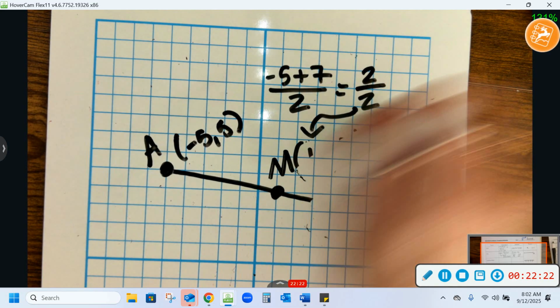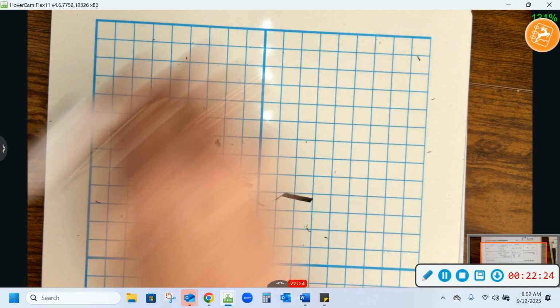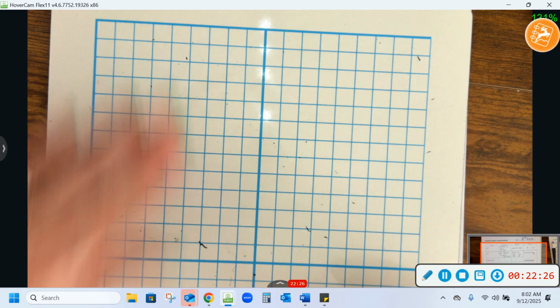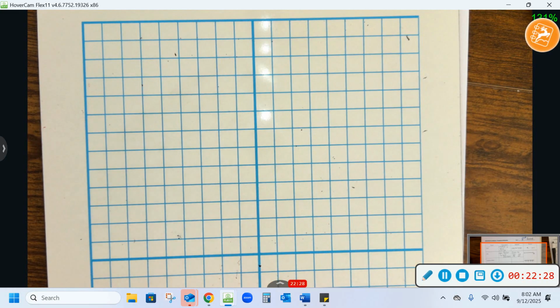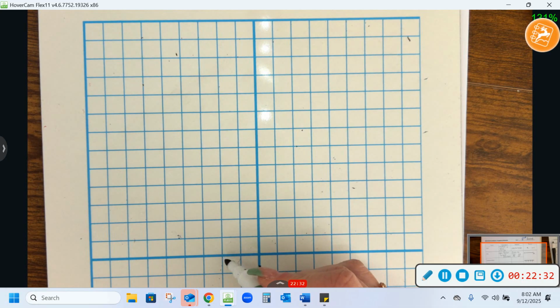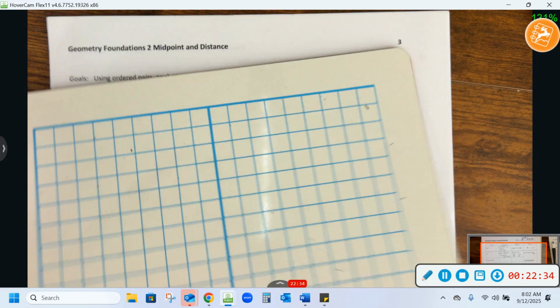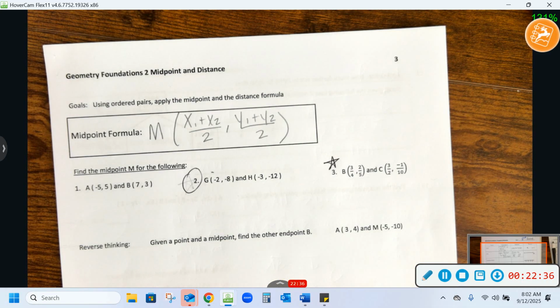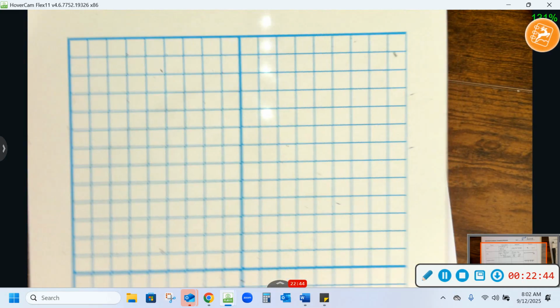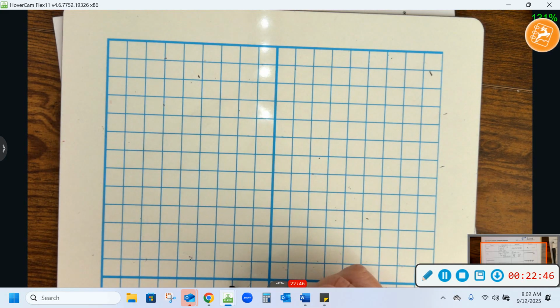So erase. Let's do 2. (-2, -8). And if you turn it vertically this time, you'll have more space instead of horizontally. If you turn it vertically, I still don't think we'll be able to go to 12, but we're going to do our best. (-2, -8).